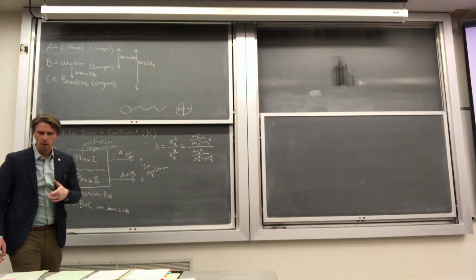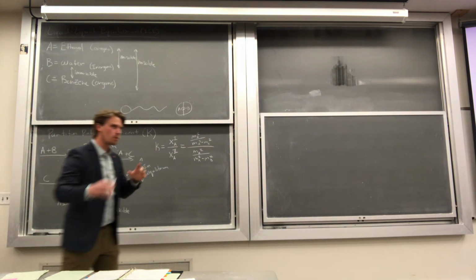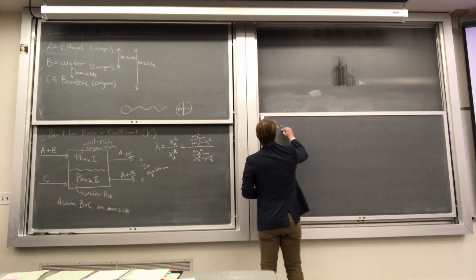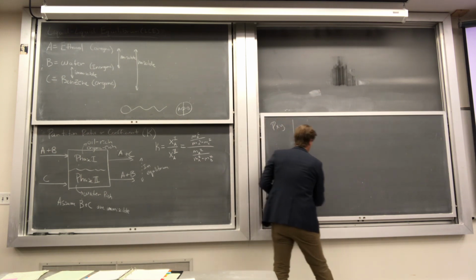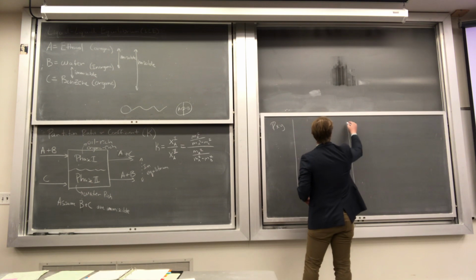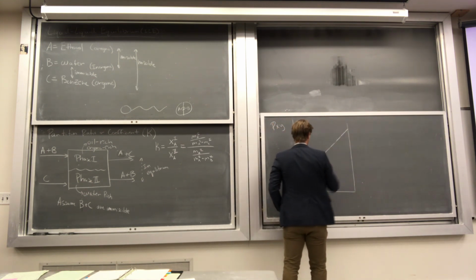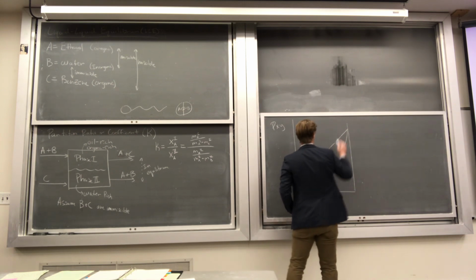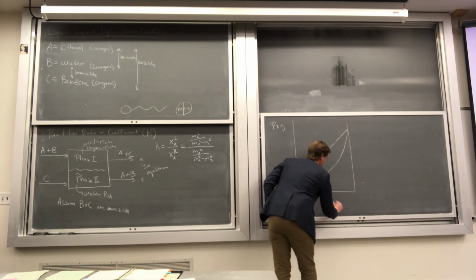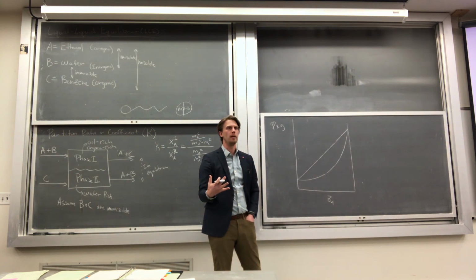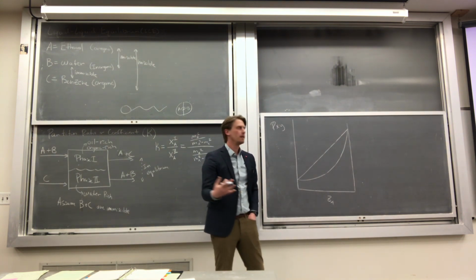Now, before we transition to the phase diagrams, I just want to go over really quickly the PXY diagram. Right, the PXY, I think, is the easiest to conceptually solve for and discuss. Okay, at high pressures, what phase am I in? Liquid.